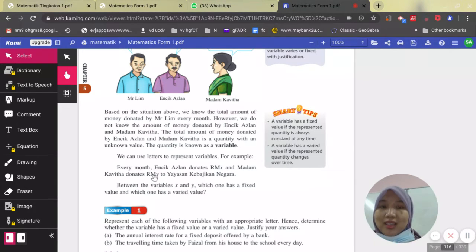So you get the idea. Whenever we don't know the value, we use letters. We use variables. So anything that we don't know the value, we use a letter to represent the situation, the quantity. Okay. So between these two, we need to decide which one is fixed value and which one is varied value.